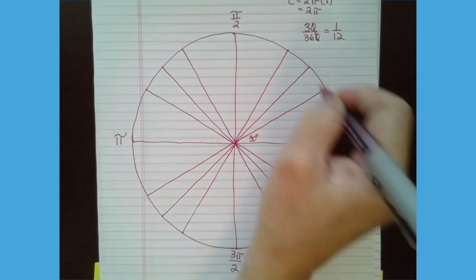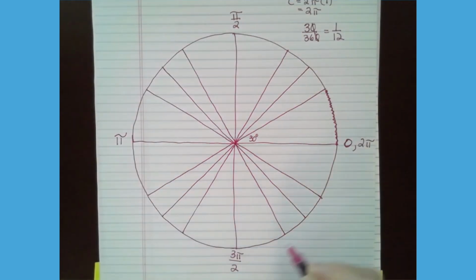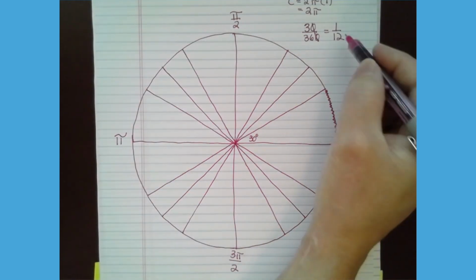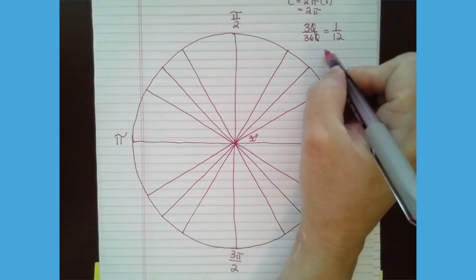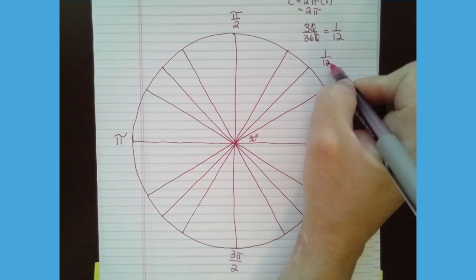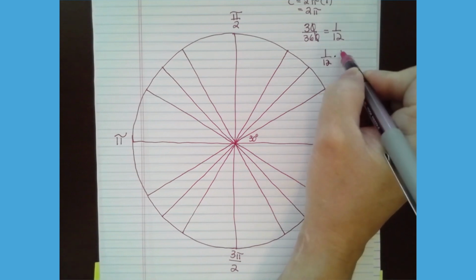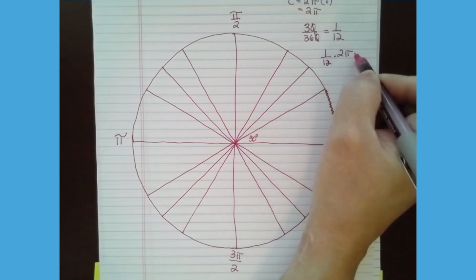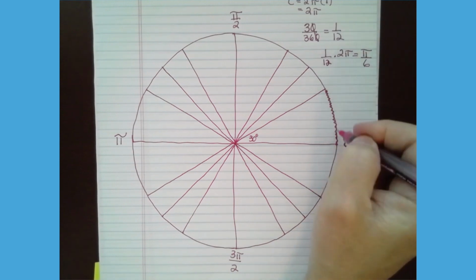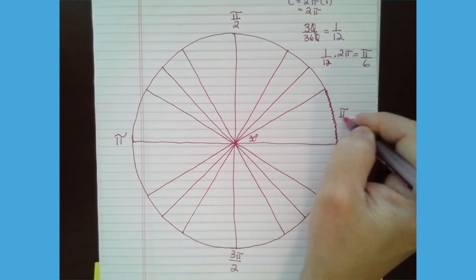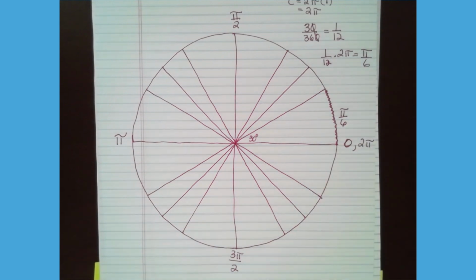So if the whole circle is 2 pi, then I need 1/12 of that to be across from 30. So 1/12 times 2 pi is equal to pi over 6. So this length is pi over 6. So pi over 6 and 30 will be used to talk about that section of the unit circle.